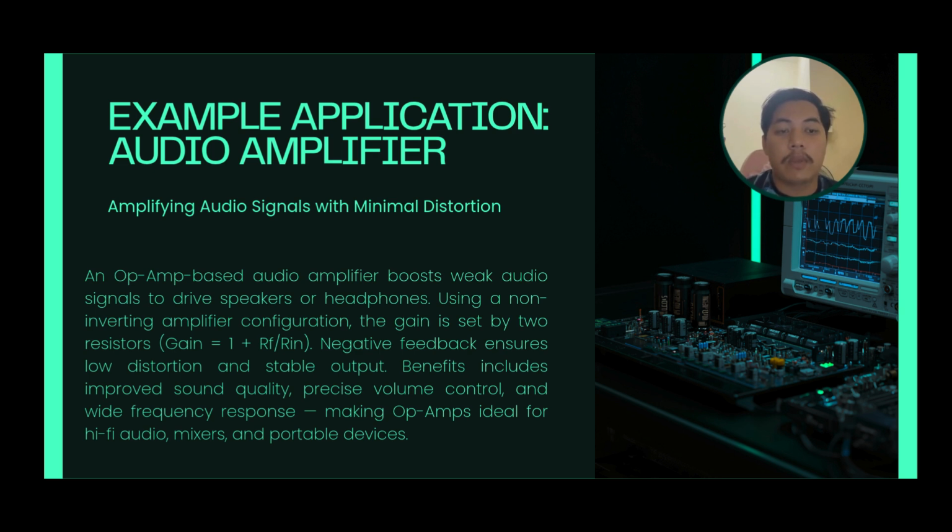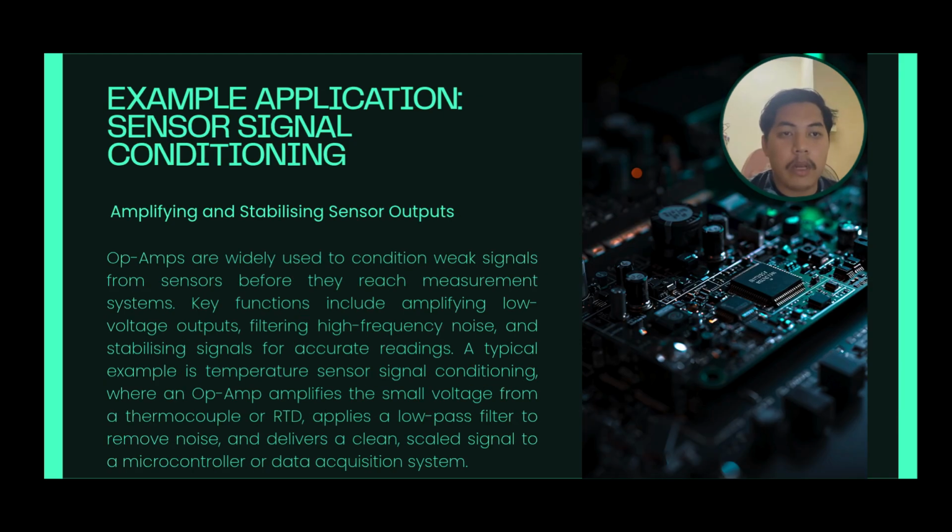mixers, and portable devices. Another example that has an operational amplifier is sensor signal conditioning. It amplifies and stabilizes the sensor outputs. Op-amps are commonly used to condition weak signals from sensors before they reach the measurement system. Key functions include amplifying low voltage output, filtering high frequency noise, and stabilizing signals for accurate reading.